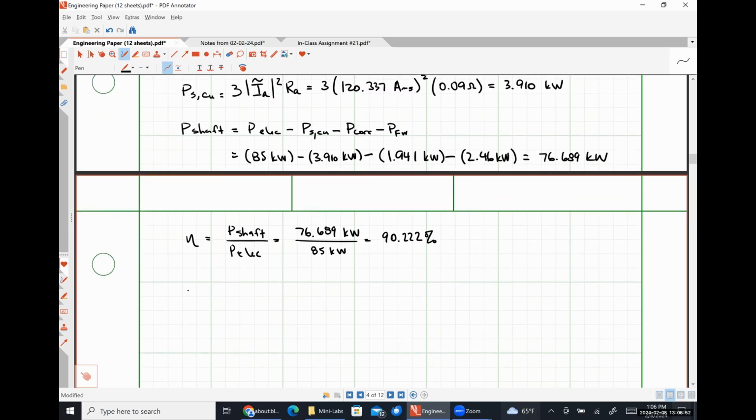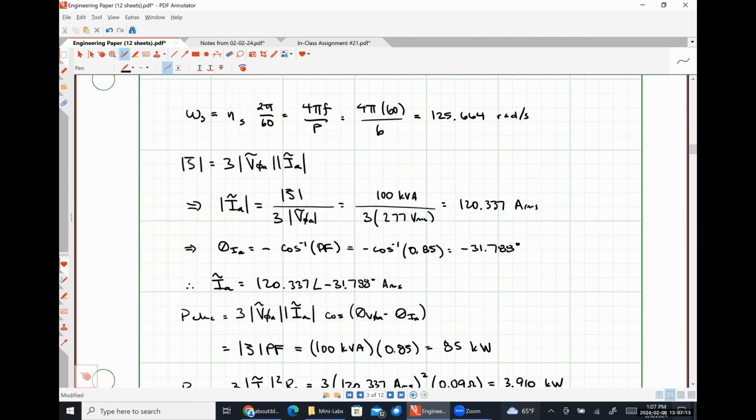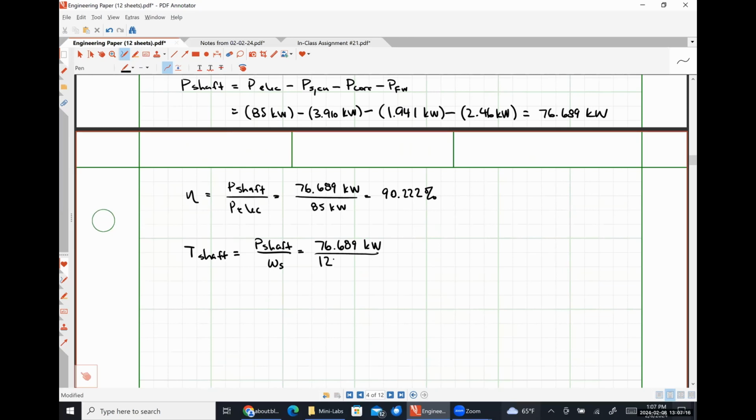And our torque on our shaft is just P shaft divided by omega S. So that is 76.689 kilowatts divided by, let me scroll up here so I can find it, 125.664 radians per second. And I get 610.271 Newton meters. My torque.